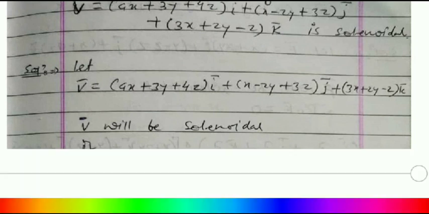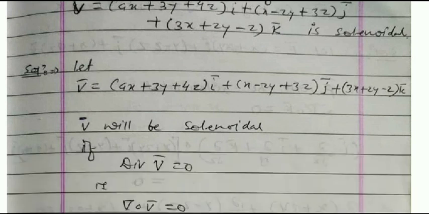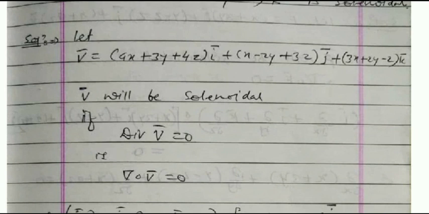Next example. Find the value of a if the vector v equals (x + 3y + 4z) i plus (x - 2y + 3z) j bar plus (3x + 2y - z) k bar is a solenoidal vector. In this question we are already given that the vector function is solenoidal.